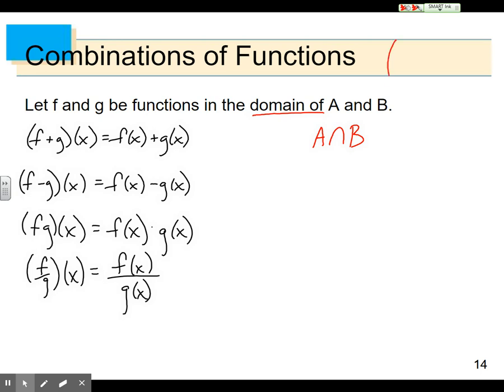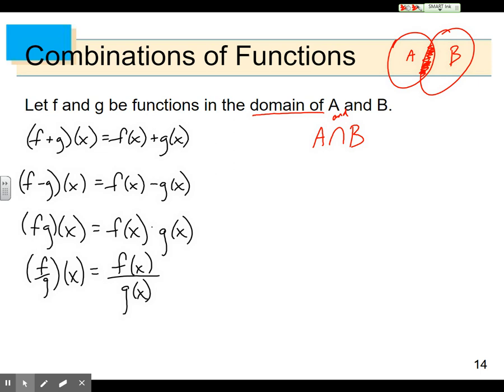Let's talk about what intersect is. Suppose I have A over here, and I have B over here. A intersect B, also known as A and B, means that whatever is in A and B, this shared region, is going to be the domain.